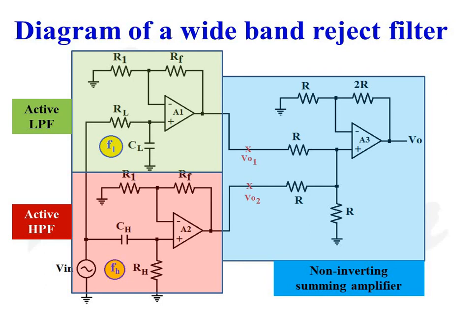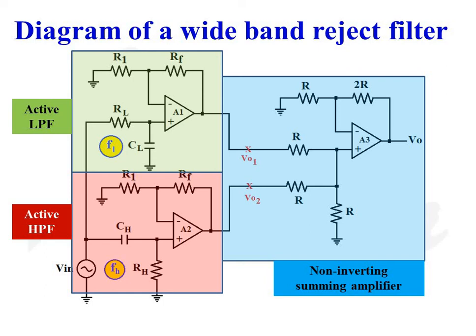This is the diagram of a wide band reject filter. This wide band reject filter is constructed using three operational amplifiers A1, A2 and A3. Operational amplifier A1 along with resistors R1, RF, RL and capacitor CL forms an active low pass filter.